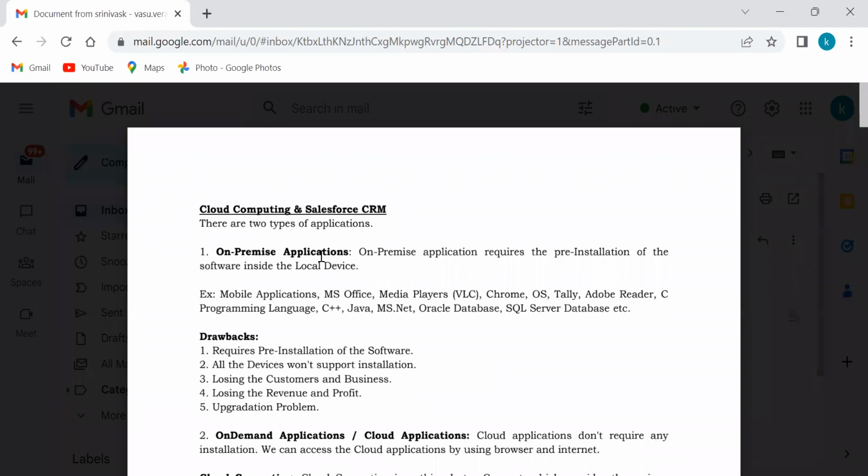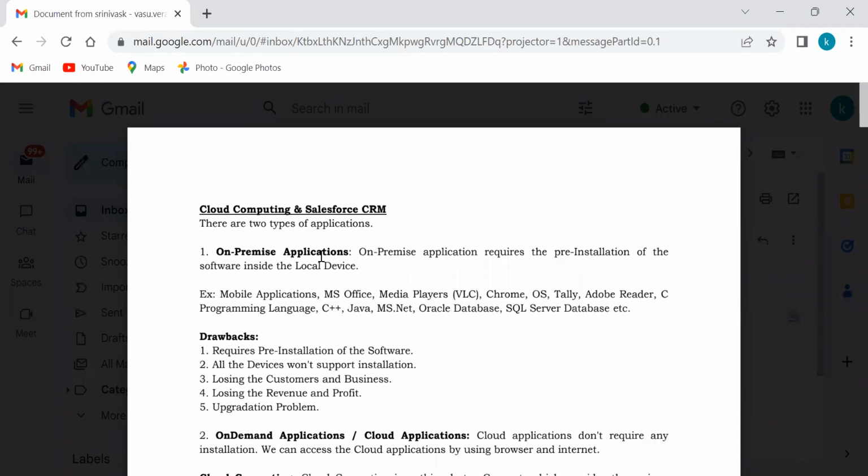For example, if I want to use MS PowerPoint, I compulsorily have to install MS Office. Similarly, if I want to use Adobe Reader or create a PDF file, I must have Adobe Reader installed in my local system. If I want to write programs in C language, I have to install the software for C. Similarly for Java and .NET.